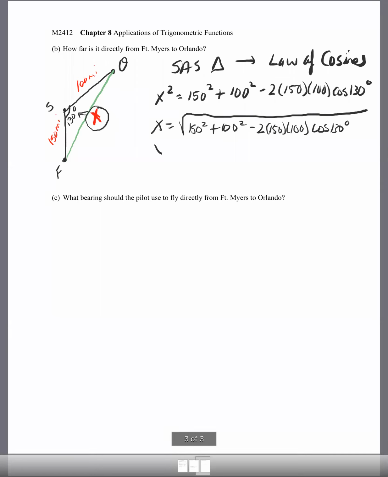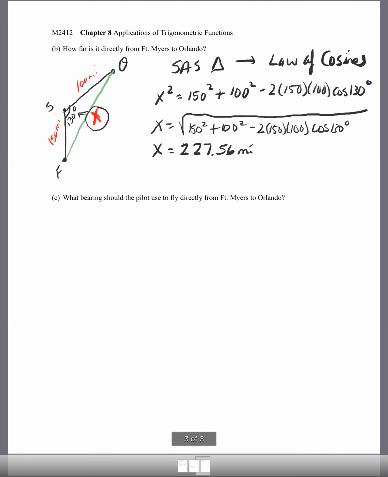And you'll get a value, it looks like, if we go to 2 decimal places, 227.56. Our unit back there was in miles. And so that's how far it is from Fort Myers to Orlando straight.